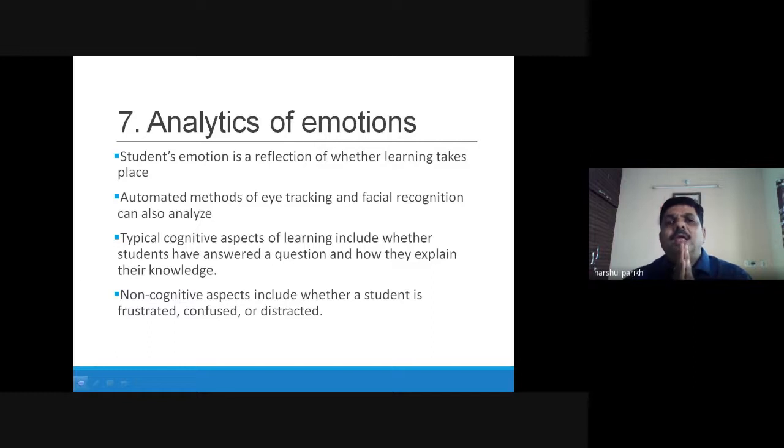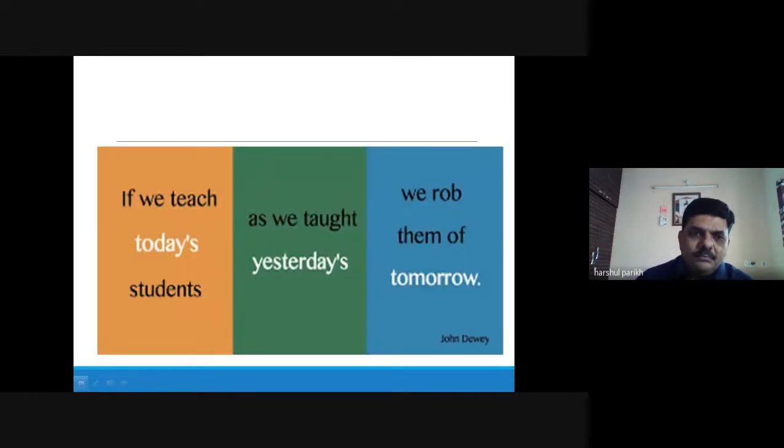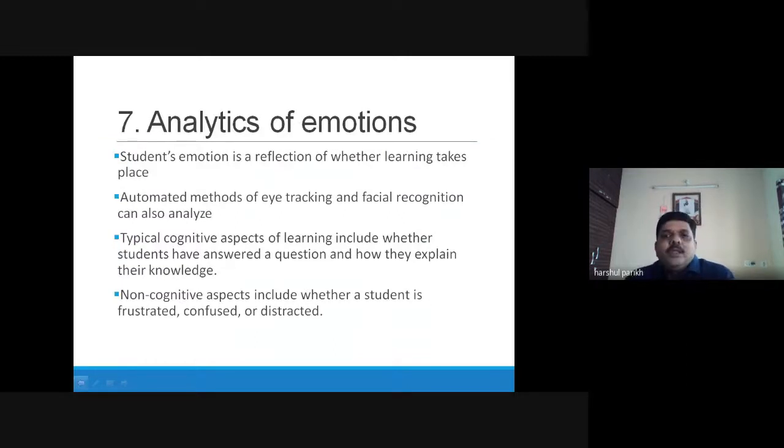By the emotions of the student, we can know, or we can use a better pedagogy for them. So these seven methods I have discussed are newer techniques to engage the students.